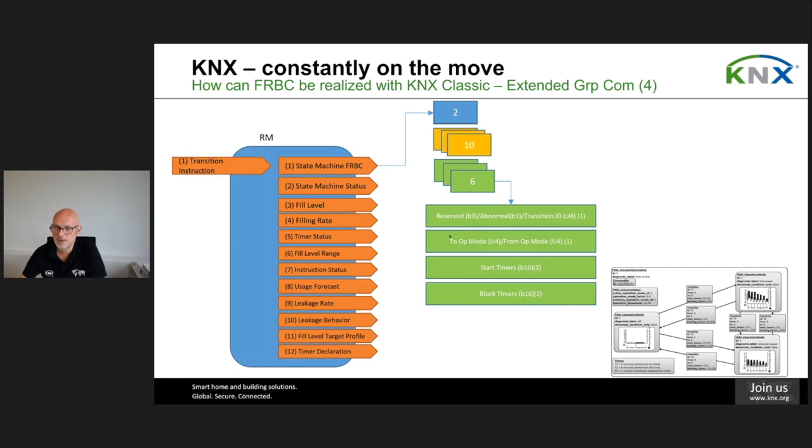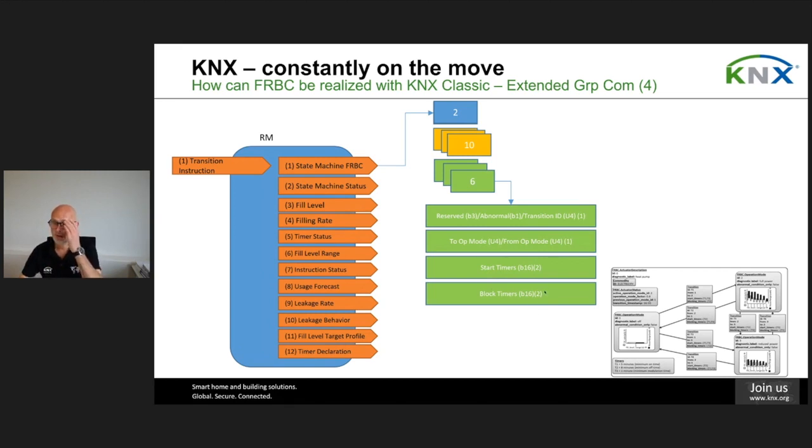Then in 1 byte, we communicate that this is a transition between operation mode X and operation mode Y. We indicate which start timers apply to this, and we indicate what blocking timers apply to this.